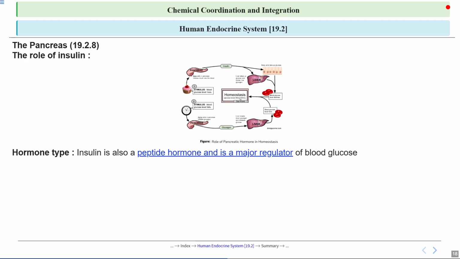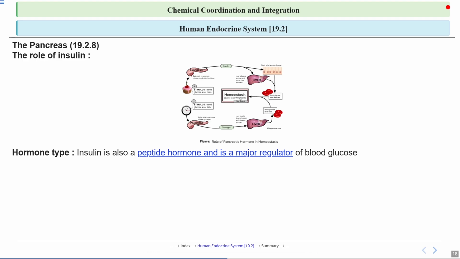So we have just discussed it is a peptide hormone produced by the pancreas, especially by the beta cells in the islets of Langerhans, and it plays a key role in regulating blood sugar levels in the body. When blood sugar levels rise, such as after eating, insulin is released into the bloodstream. It helps cells in the body, especially muscle and fat cells, to take in glucose from the blood, which lowers blood glucose levels.